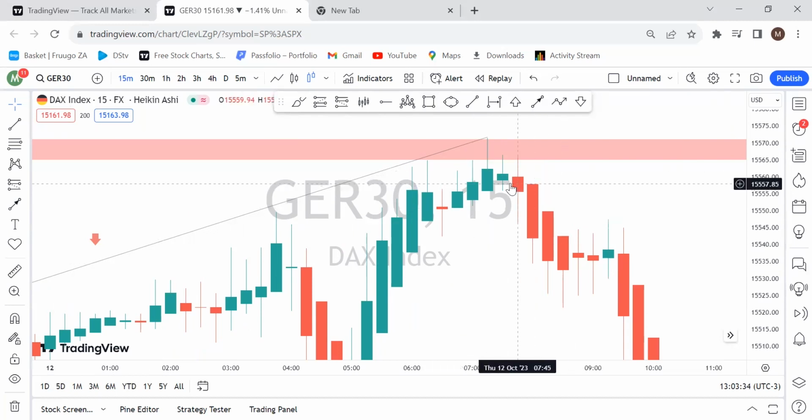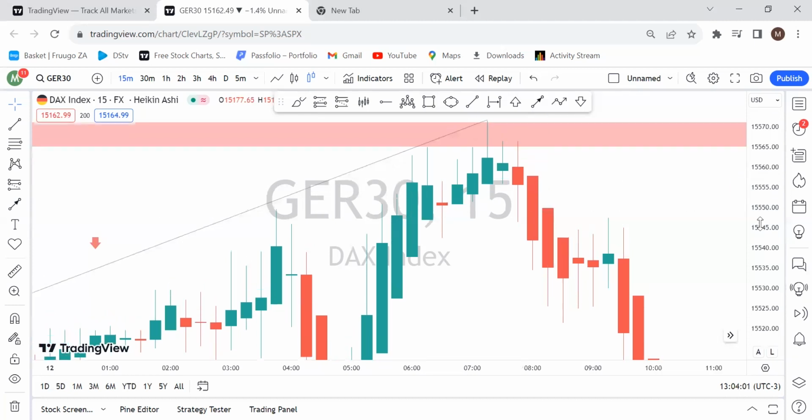All you need to know is at your key level, when a candlestick is rather small in terms of its body, but then it has wicks both sides, that's a reversal candlestick. That's all you need to know. You don't need to know its name or whatever. You just need to know the behavior and the characteristics of it.